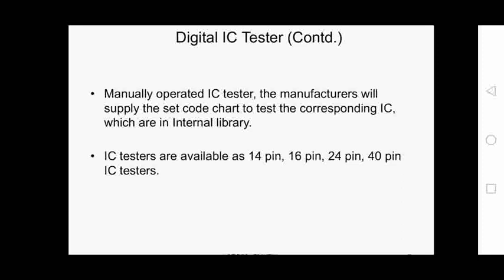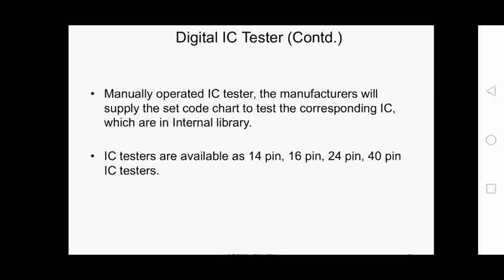The IC manufacturer will define the number of pins, and they will give you the set code chart to test the corresponding IC. Suppose you have the 7432 XOR gate, then the manufacturer who manufactures that IC will give you one code chart, so that you can test that IC.